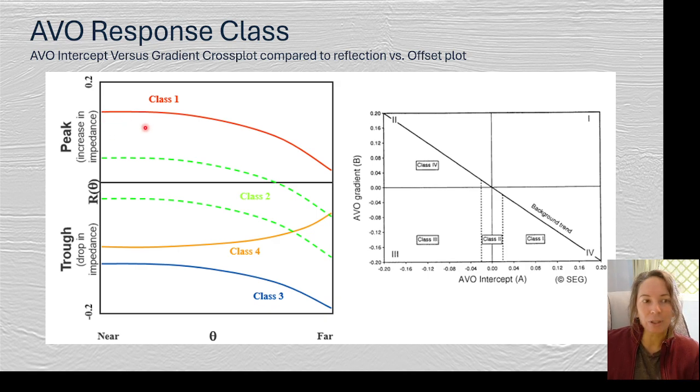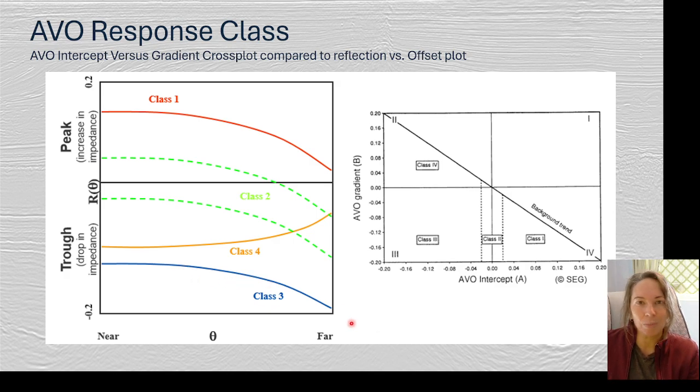We have class 1, where we start off as a peak with our 0 degree or near angles, and then as we increase the angles, the peak gets weaker, so a smaller peak. The example I showed you in the beginning of this mini lecture was a negative trough that, as we increase angle, gets more negative, so it gets stronger.